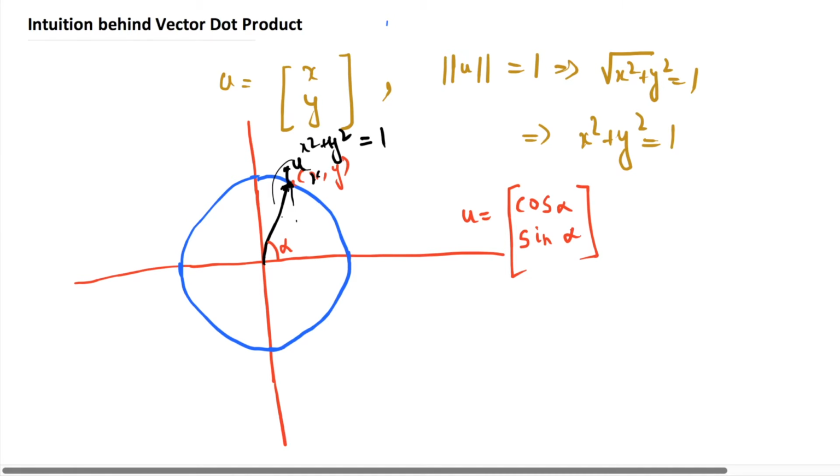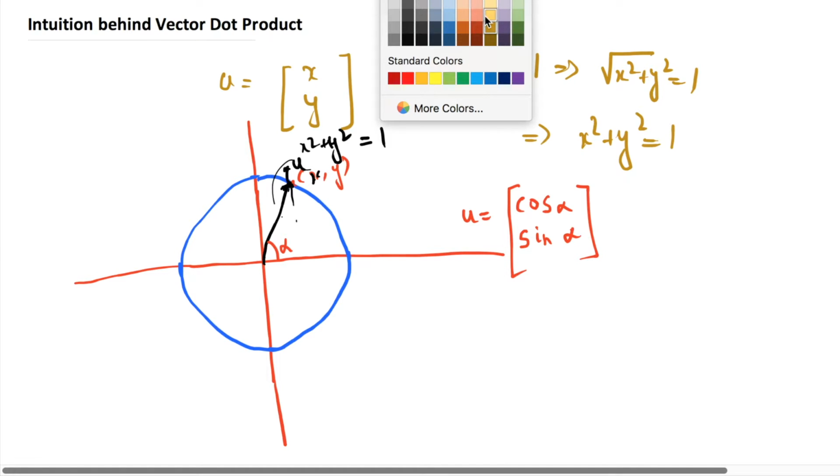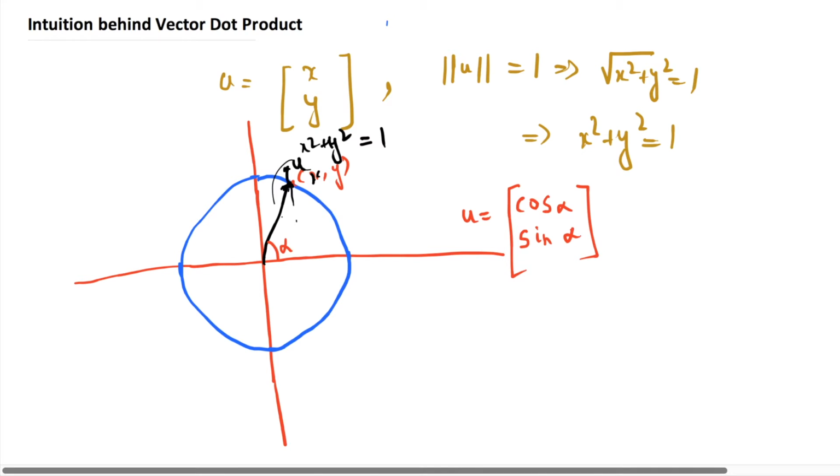All right, so now let me draw another vector v. So this vector is v, and let v subtend an angle, let's say beta, with the x-axis. So using the same logic, we can say that v can be represented like so: cos beta and sine beta.